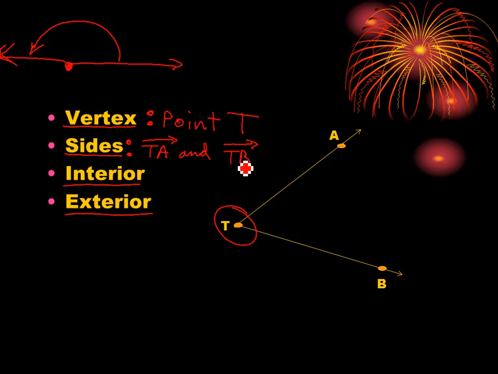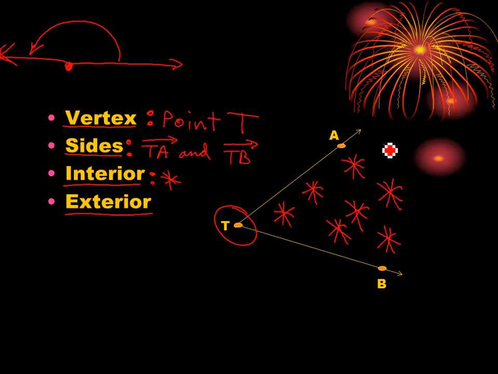What do you think the interior of the angle is? Inside, right? So I'm going to do this. All this stuff, that's the interior of the angle. However you show it on your paper so that you can understand it, doesn't matter.